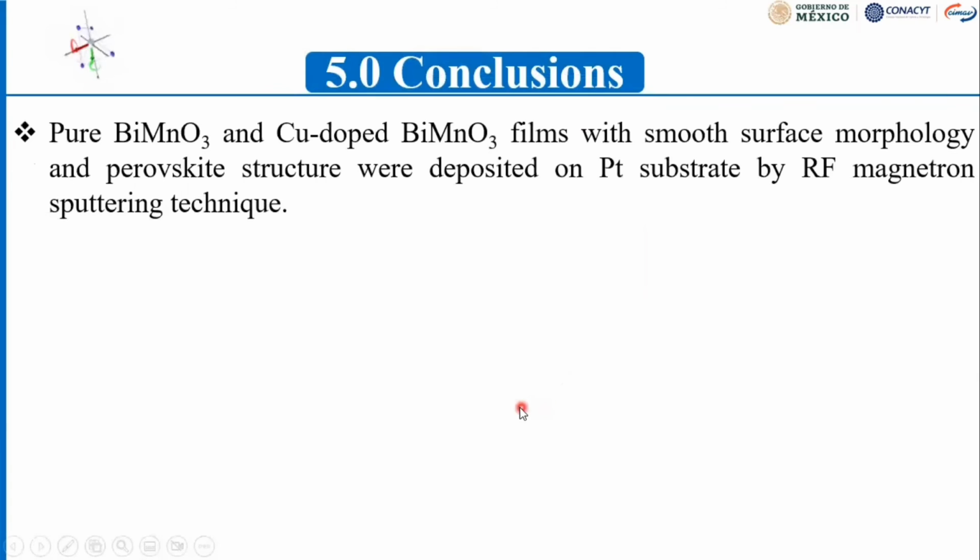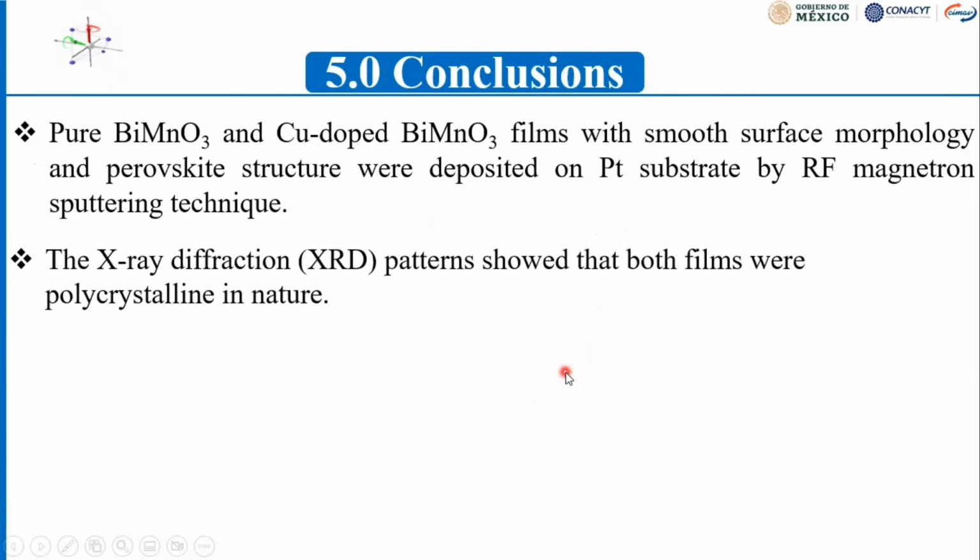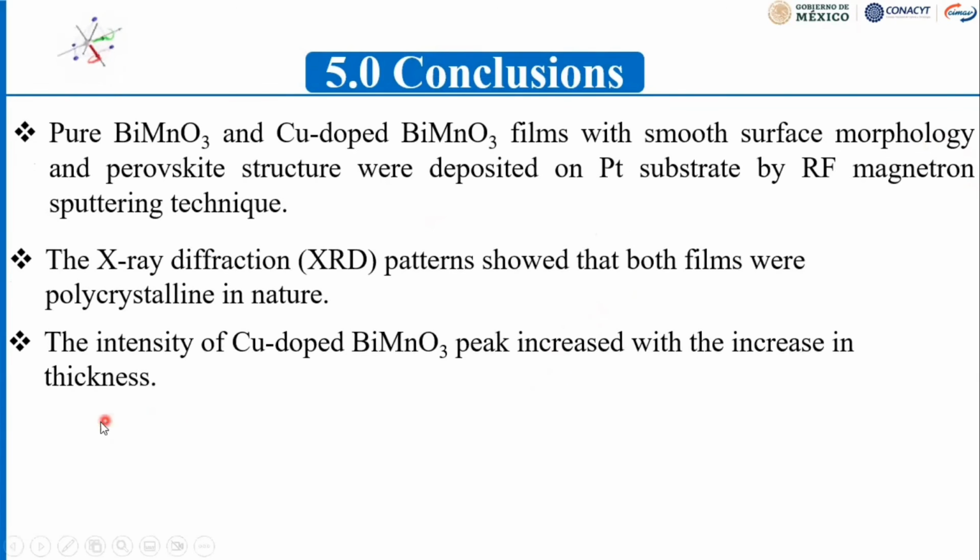Conclusions: pure bismuth manganese oxide and copper-doped bismuth manganese oxide films with smooth surface morphology and perovskite structure were deposited on platinum substrate by radio frequency magnetron sputtering technique. The X-ray diffraction pattern shows that both films are crystalline in nature.